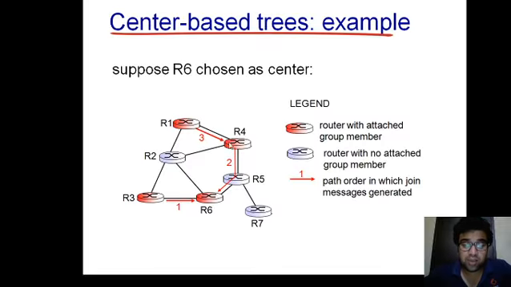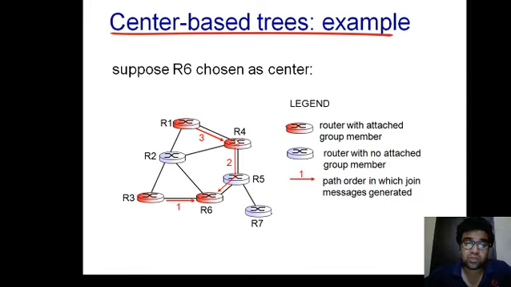This router already has a branch of that spanning tree, so the message from R1 doesn't need to reach the R2 router. It is enough to send a message to a router which has a spanning tree branch. That is how you create a spanning tree for a multicast group through a center based approach.